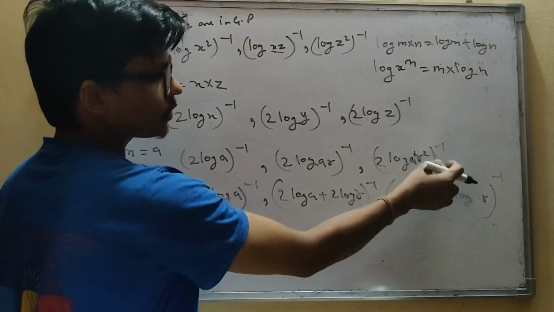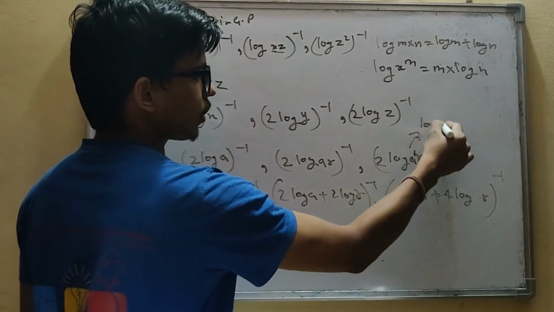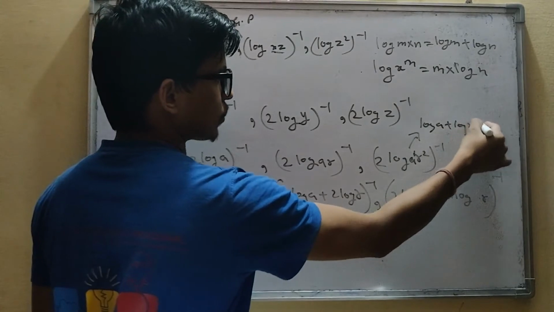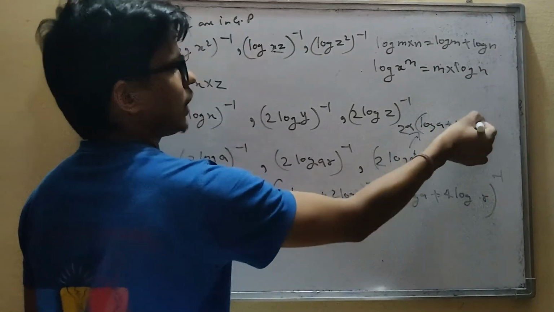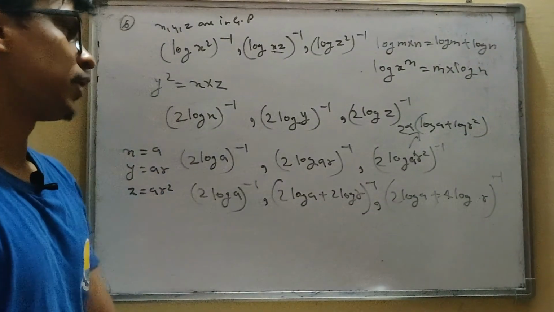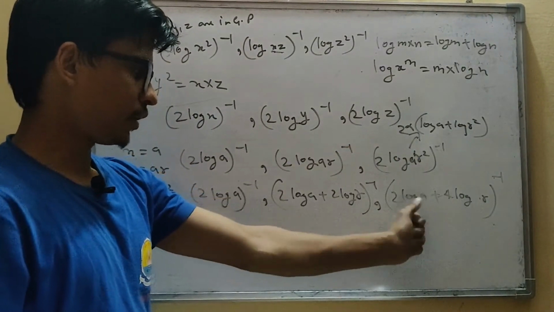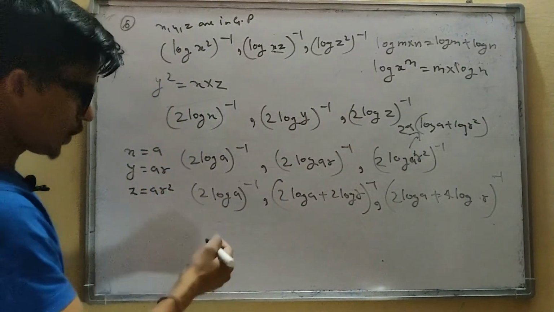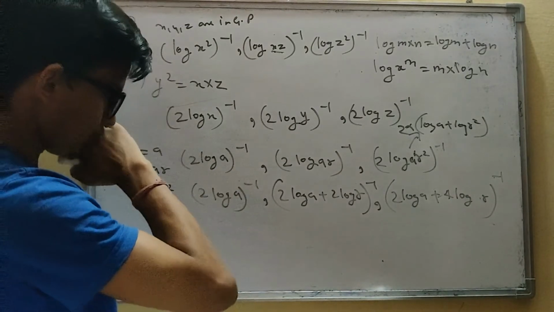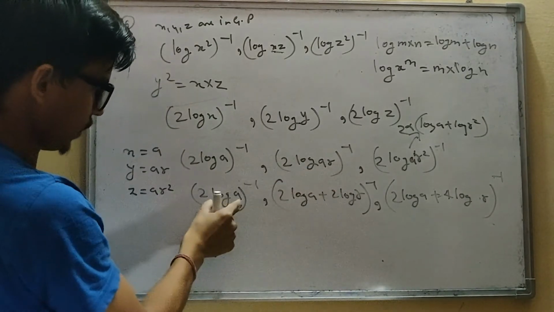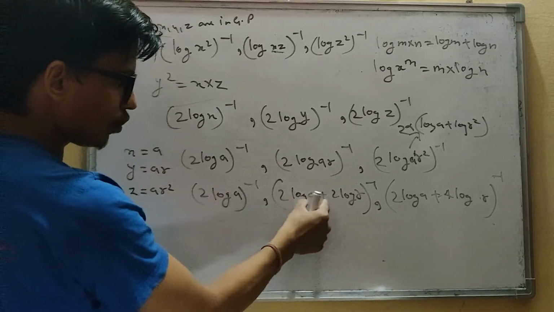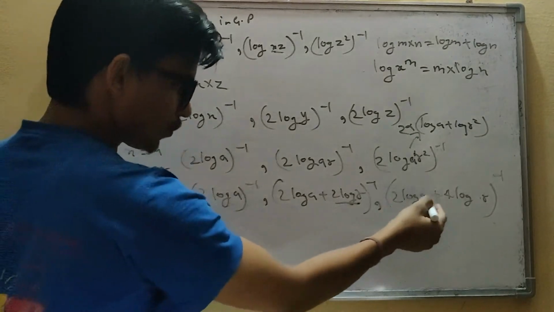Log a plus log r square, into 2, and the r square power comes into multiplication, and this 2 makes it 4. So, if we do not consider the powers, it is 2 log a, 2 log a plus 2 log r, 2 log a plus 4 log r.